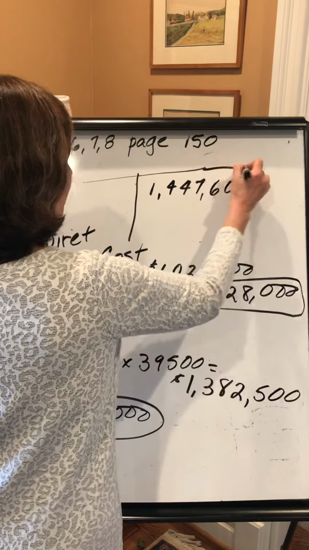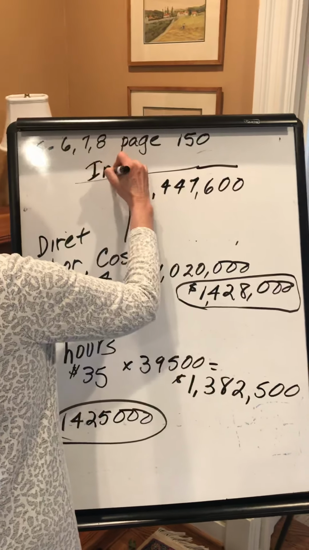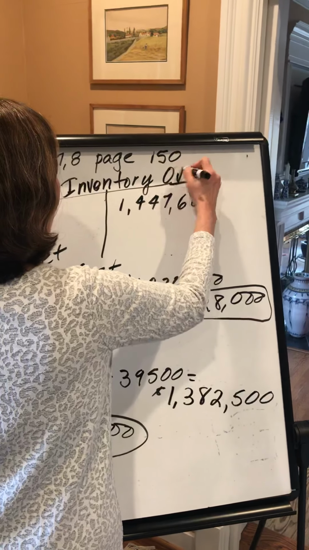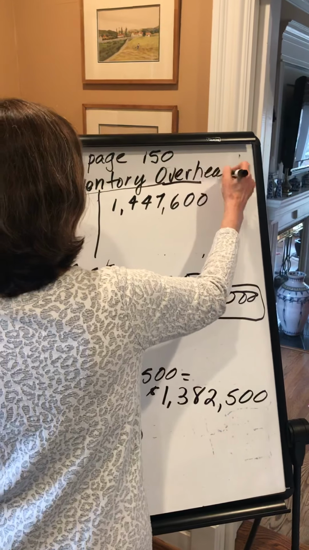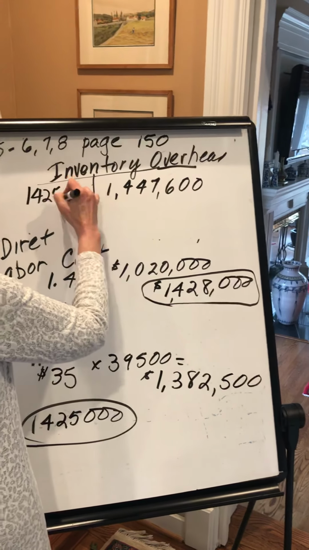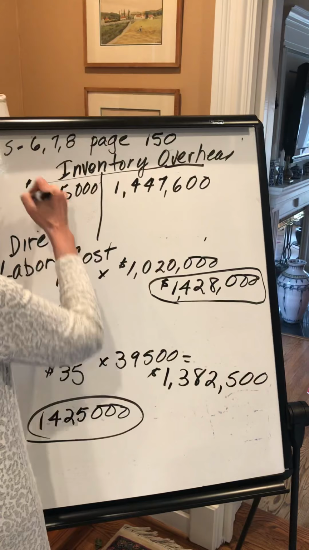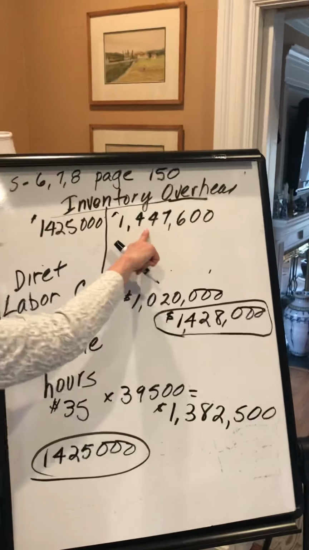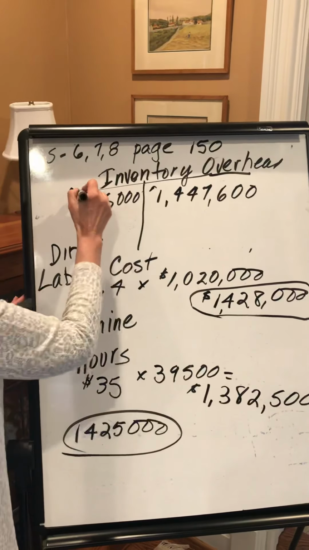So all throughout the year, and by the way, this is our inventory overhead account, all the costs for overhead, that totaled $1,425,000, went here. And all the credits for that allocation of overhead went here.